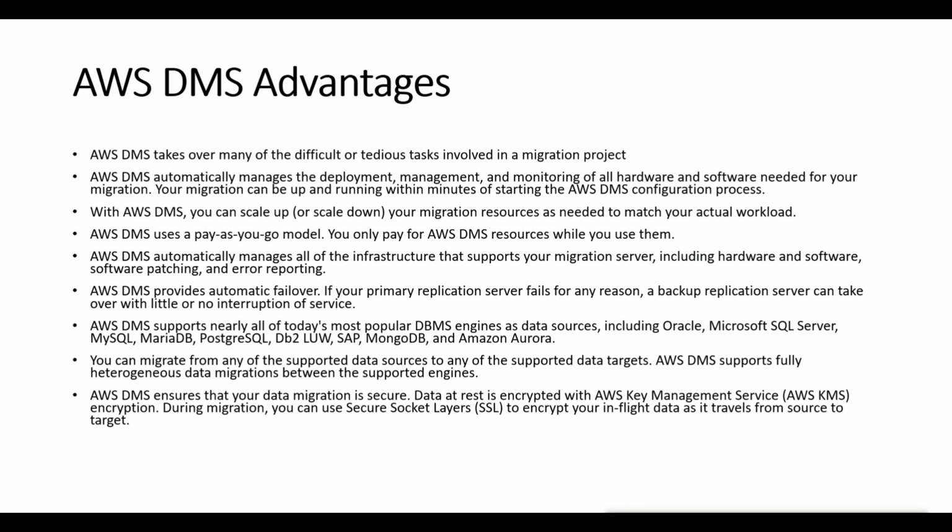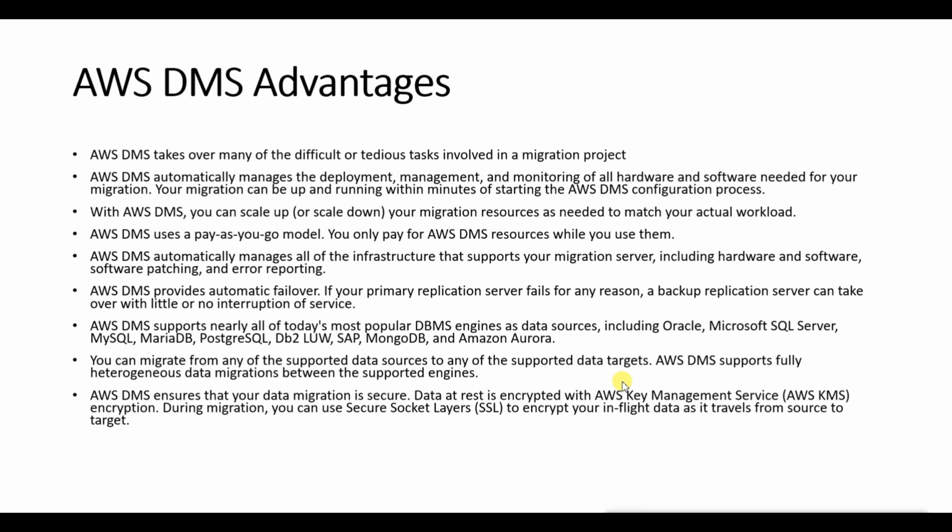Your migration can be up and running within minutes of starting the AWS DMS configuration process. With AWS DMS, you can scale up or scale down your migration resources as needed to match your actual workload. AWS DMS uses a pay-as-you-go model. You only pay for DMS resources while you use them.